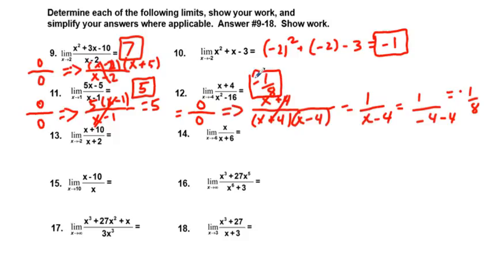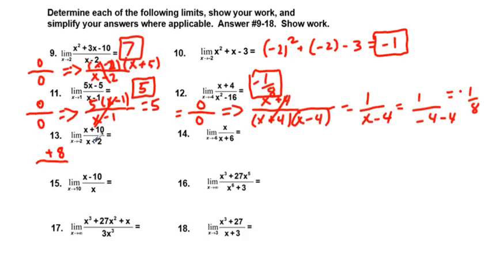Problem 13, limit as x approaches negative 2 of x plus 10 over x plus 2. So to plug in, we're going to take negative 2 plus 10, which is going to be negative 8, and actually be positive 8, isn't it? Negative 2 plus 10 is positive 8.